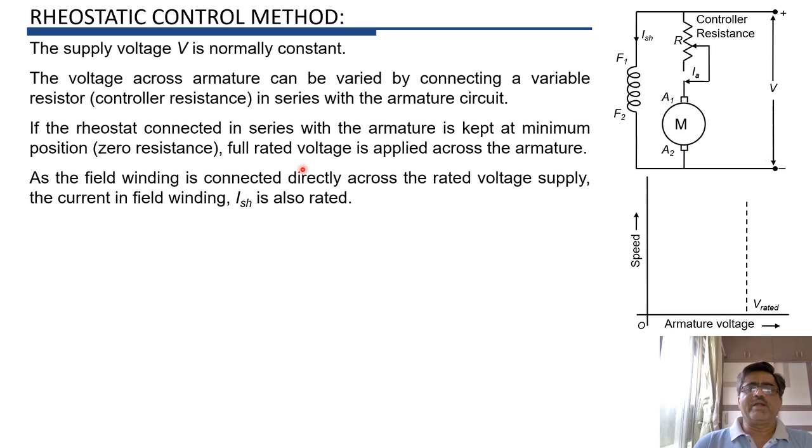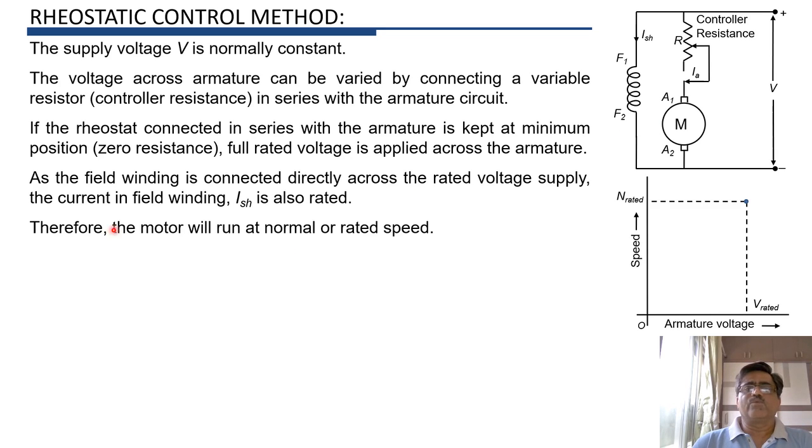Now the field winding is connected directly across V. So current in the field winding Ish is also rated and therefore flux produced is also normal. And as the flux is normal and voltage across armature is rated voltage, the motor will run at normal or rated speed.